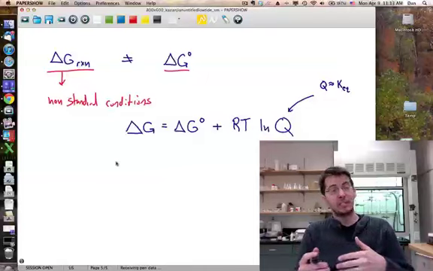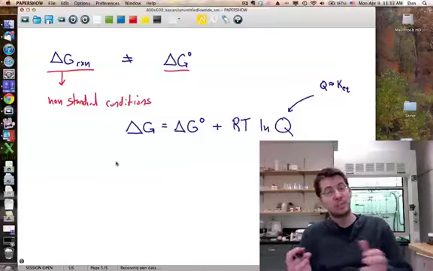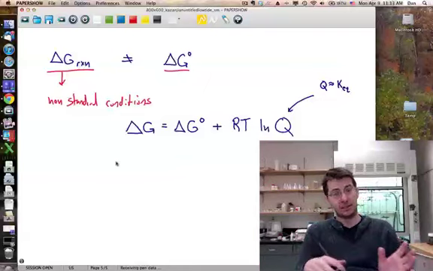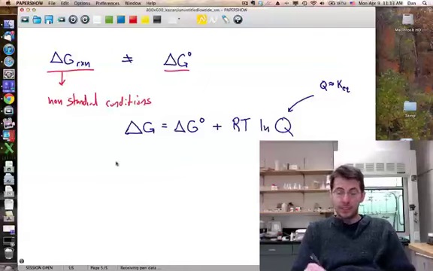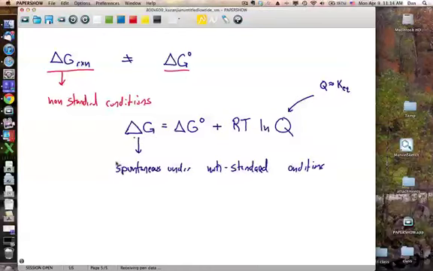Le Chatelier's principle says if we stack the deck towards one side of the reaction, we can get it to drive backwards or forwards depending on how we modify the presence of the reactants and the starting material. And this is directly mirrored in this equation. So what this allows us to do is predict whether a reaction is spontaneous. By this I mean it allows us to plug in concentration values and see how that affects the spontaneity of the reaction.